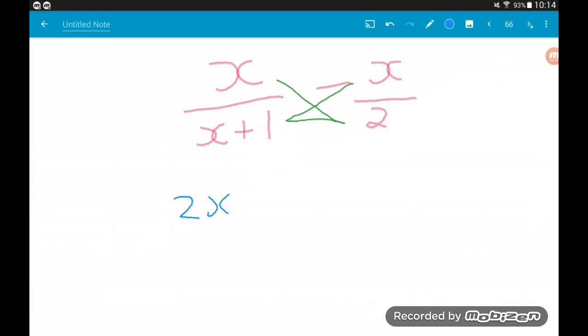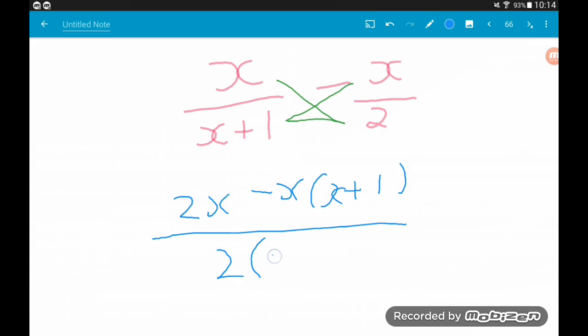Then we've got minus (x plus 1) times x, which I'm instead going to write as x times (x plus 1). And then that's all over 2 lots of (x plus 1). Again, we could simplify that, but for this video I'm not going to worry about that. All that I'm worried about is combining fractions and writing them as a single one. So that's good.